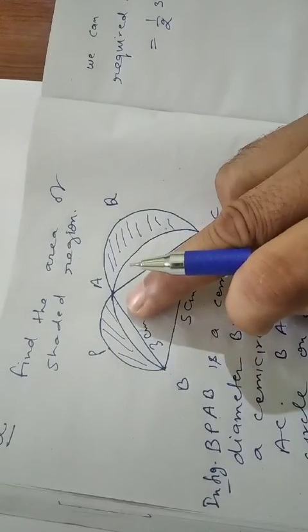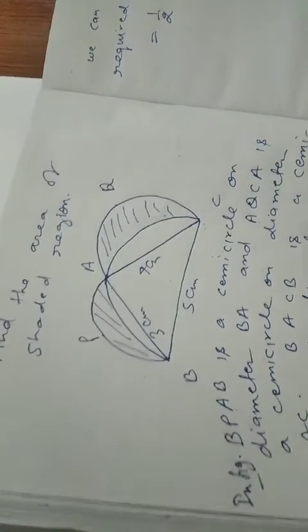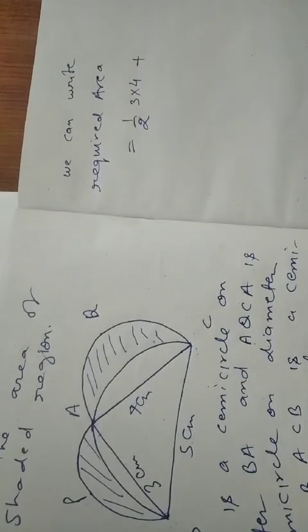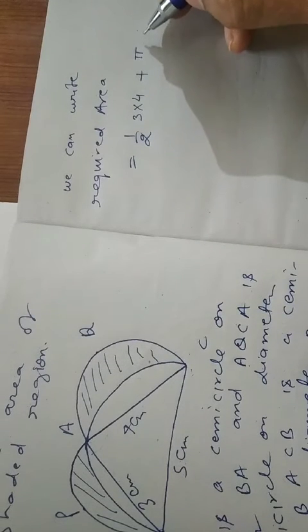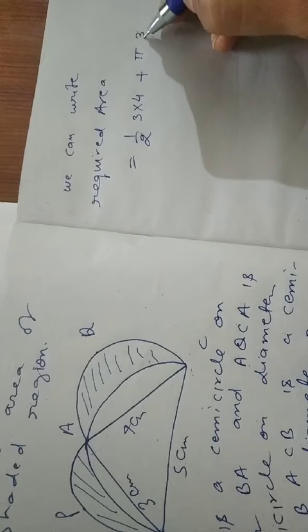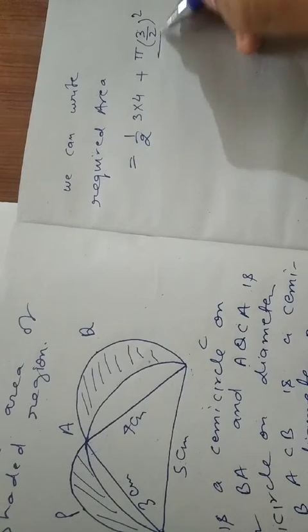BA is 3 centimeter, therefore radius is 3 by 2 centimeter. So area of semicircle will be pi r square by 2, pi into 3 by 2 square by 2.